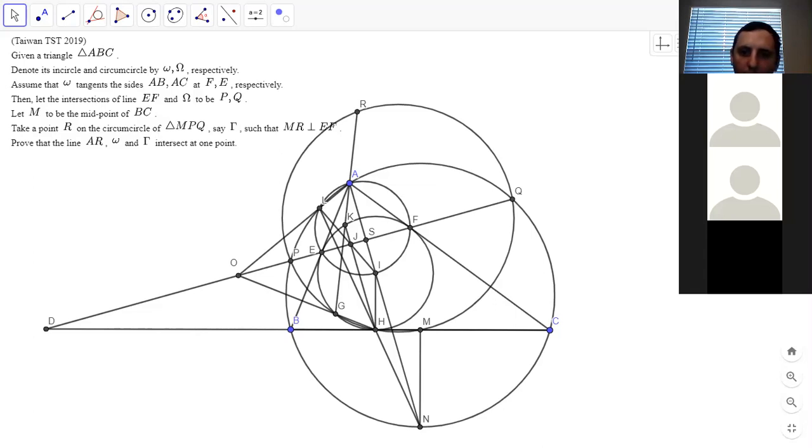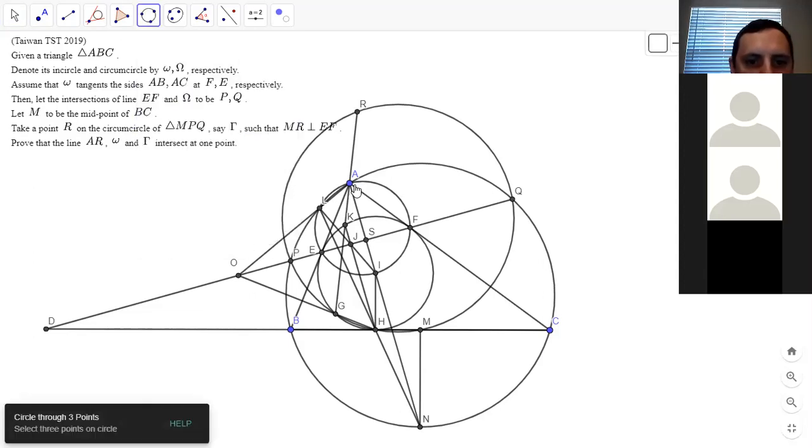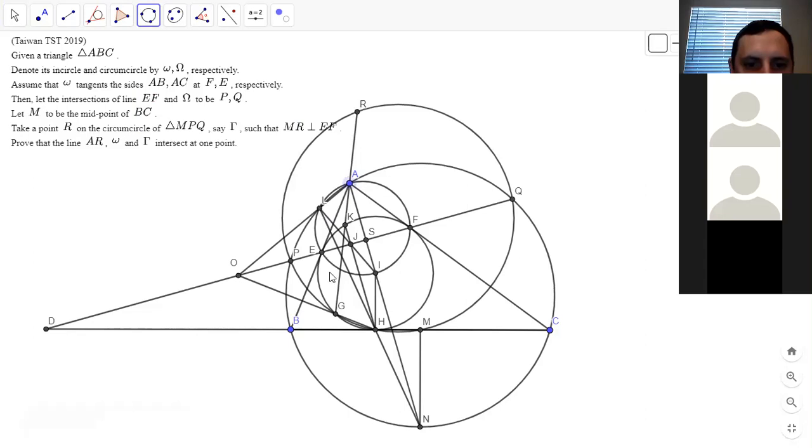Is there anything else we can say about R? Is A, L, G, and H cyclic? Let's see. Yeah. And that's probably by power of a point, right? Because OL times OA, let's see, ALGH, is OE times OF, which is OG times OH, right?